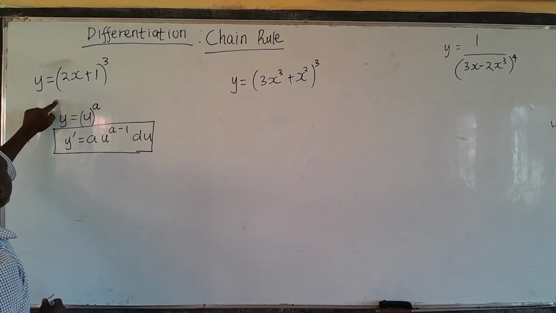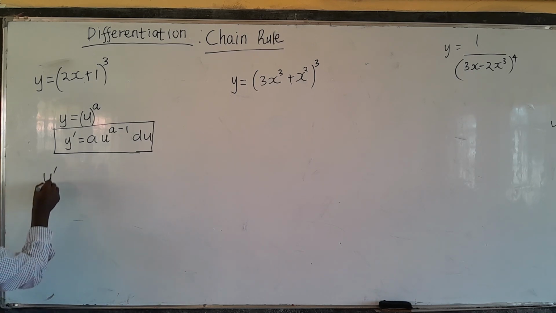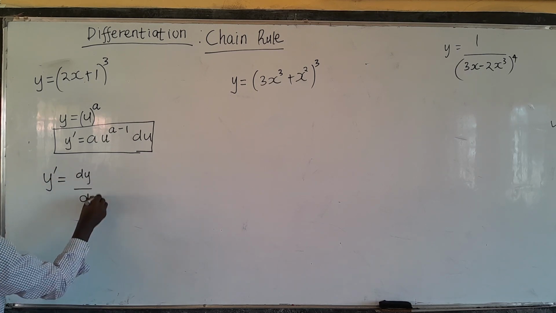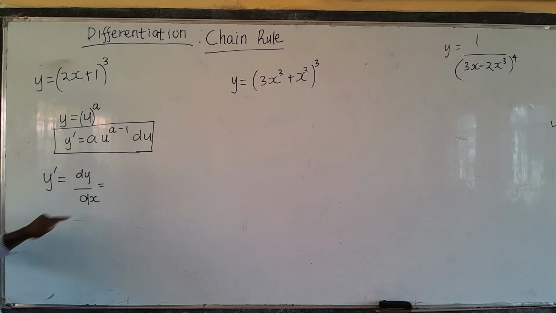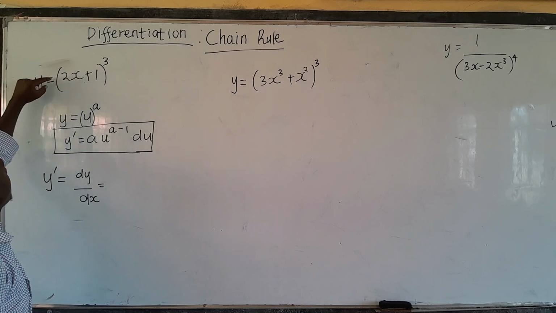So we have a function here of y, and we are supposed to find the first derivative of this function. So this is going to be y prime, or sometimes dy dx, that is the function of y with respect to x, is going to be equal to, so the first thing we do is we take the power and multiply by the function.